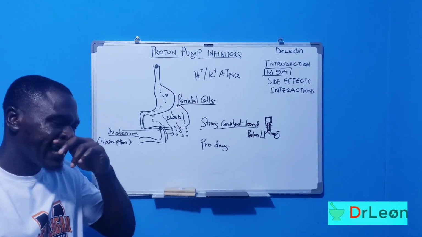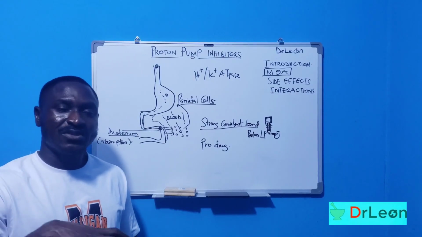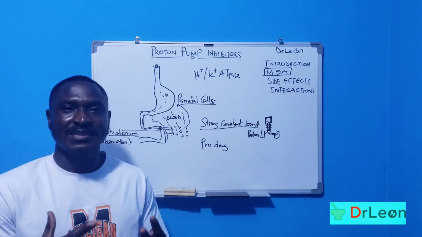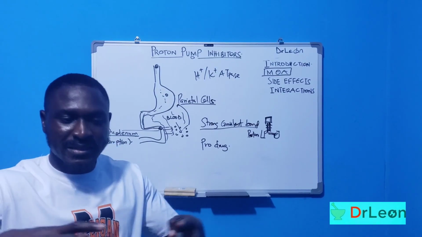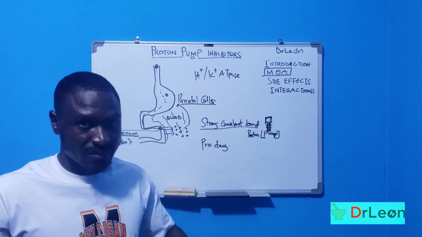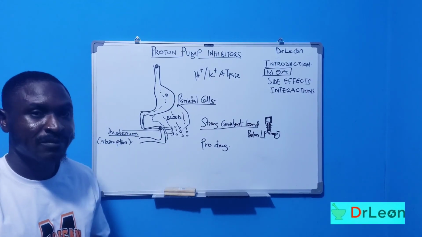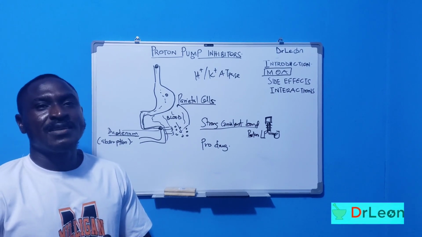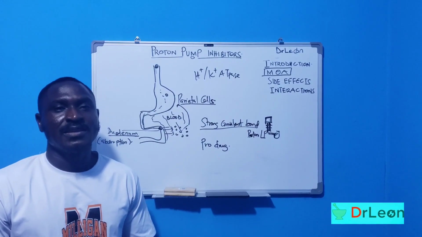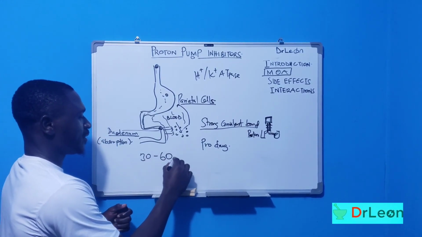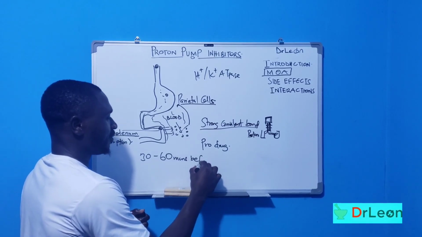Mind you, as I said, the drug itself is a prodrug, and it needs an acidic environment in the parietal cells to be activated. That's one of the reasons why we normally advise patients to take the proton pump inhibitor at least 30 or 60 minutes before food.